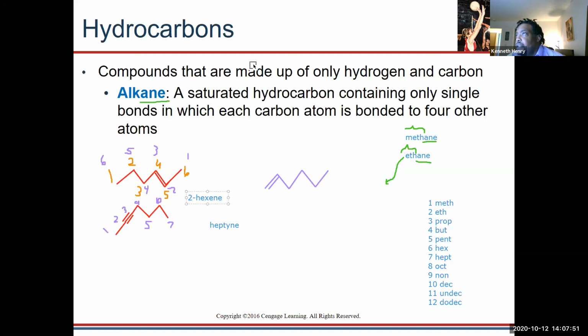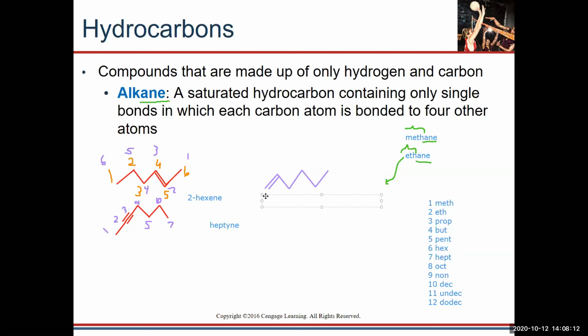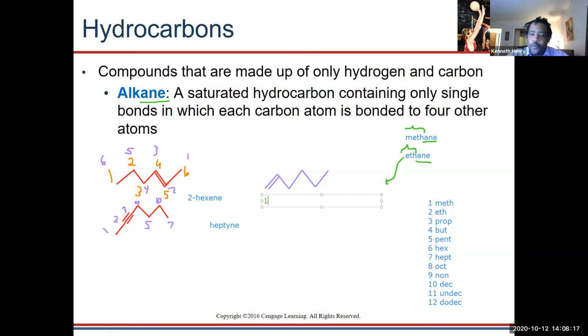And then this guy would be called, what do you think it's going to be called? 1-hexene. That's right. 1-hexene. Okay, you can see where the difference is between the 2-hexene and the 1-hexene, right?